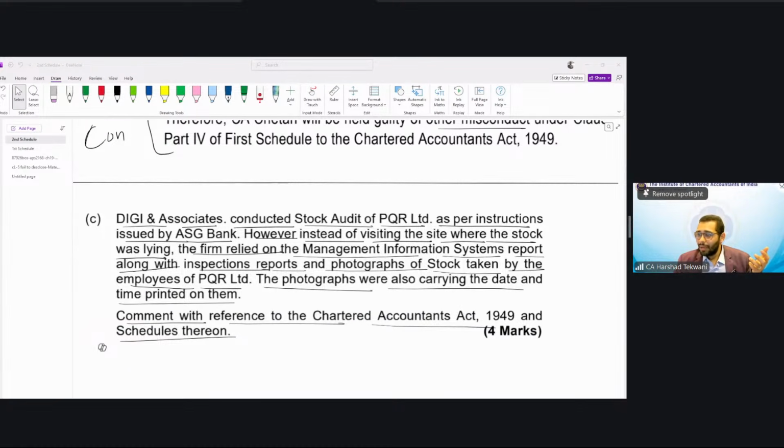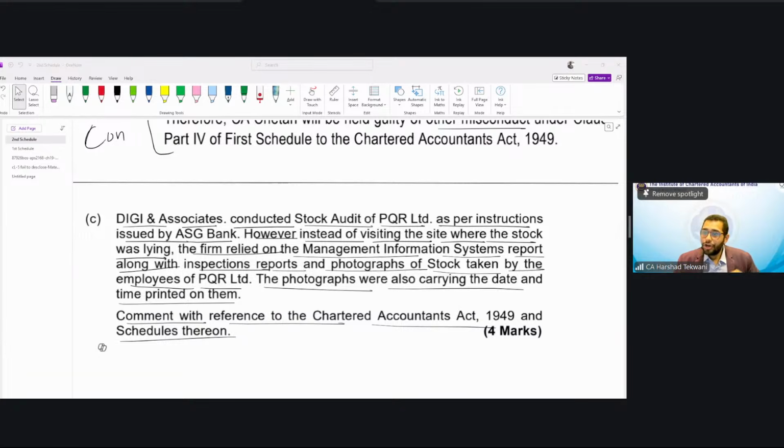Can anyone tell me the name of that standard? SA 501, Audit Evidence, Specific Considerations for Selected Items. In that, you have one item which is existence and condition of the inventory. Similarly, the auditor has to look for the existence and condition of the inventory over here.